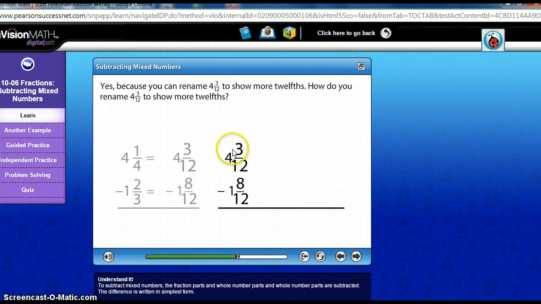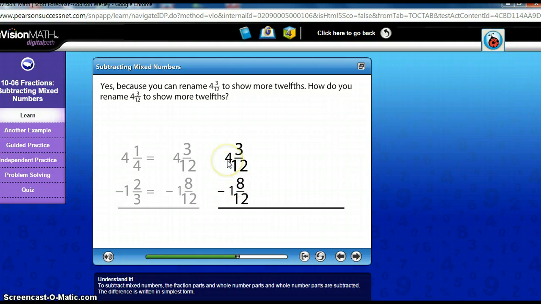So you're going to take 12 twelfths. If you're borrowing 12 of them from the 4, this is now 12 added to this 3, which is going to become 15. So you're going to have 15 twelfths and 8 twelfths.